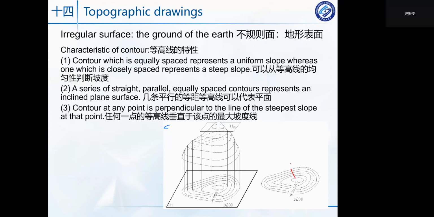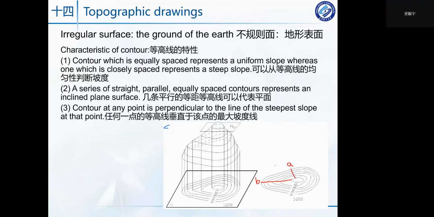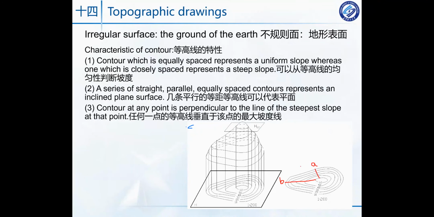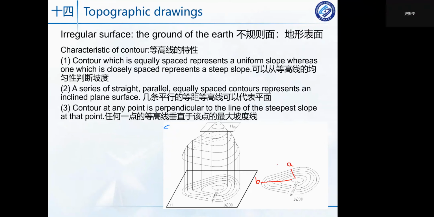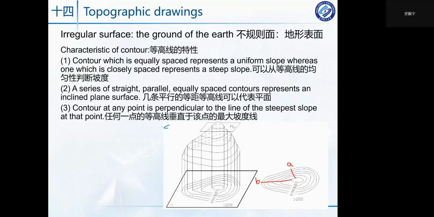This one is line A, and this one is line B. So who can tell me which one is more steep? Which direction is more steep? Line A or line B?